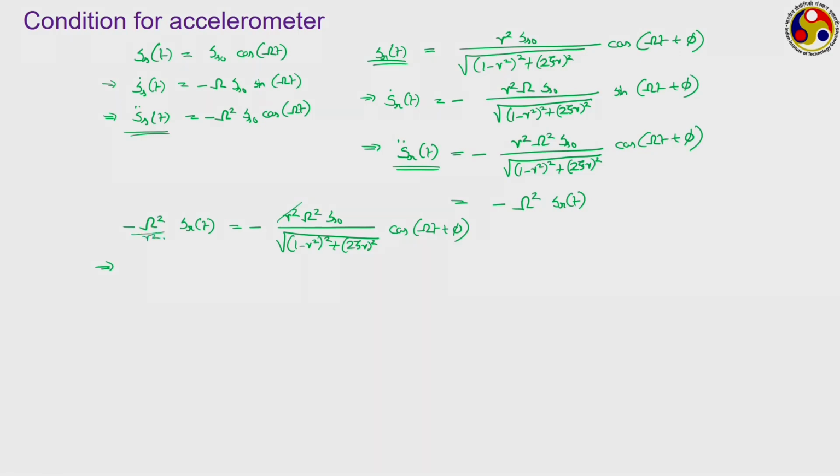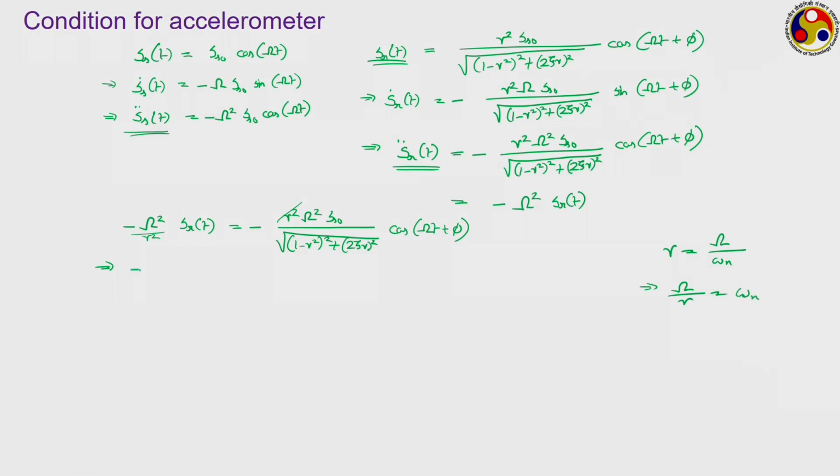Now, as per the definition, r is omega upon omega n. So, therefore, omega upon r is equal to omega n only, the natural frequency of your instrument.